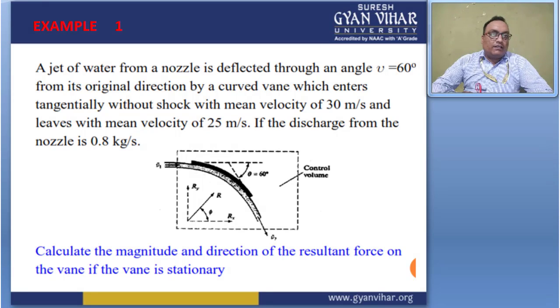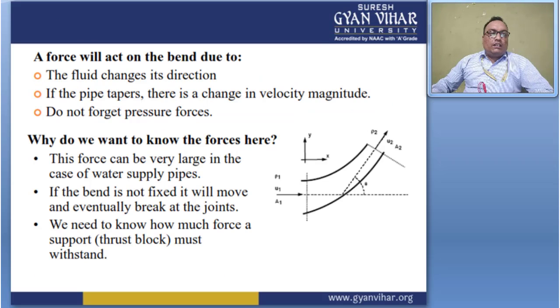If the discharge from the nozzle is 0.8 kg per second, calculate the magnitude and direction of the resultant force on the vane if the vane is stationary. So find this value.